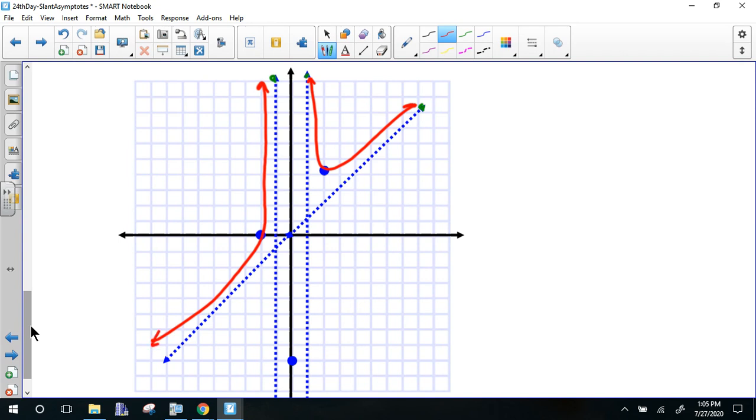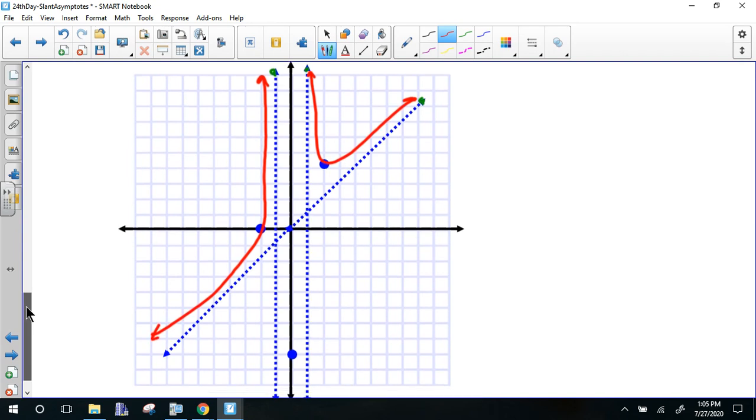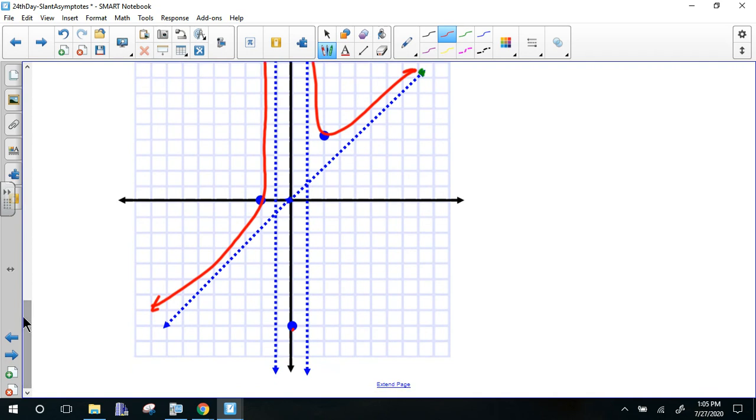So they get close to the lines, but don't really cross. Something like that. You might need to graph it on your calculator.